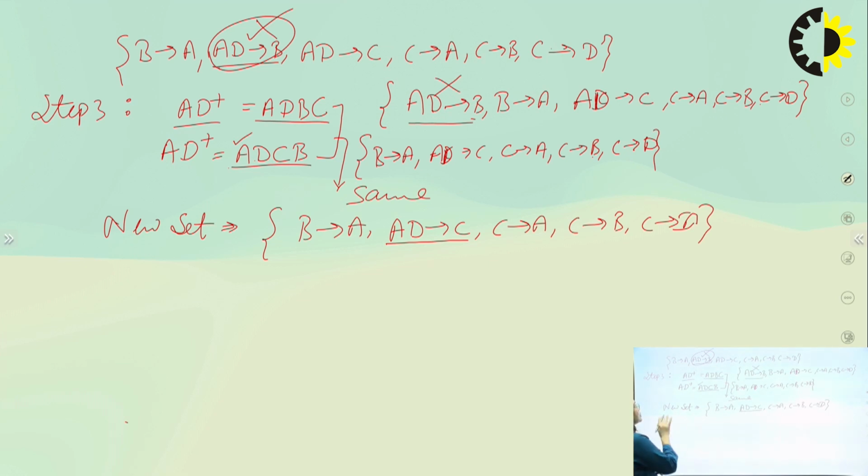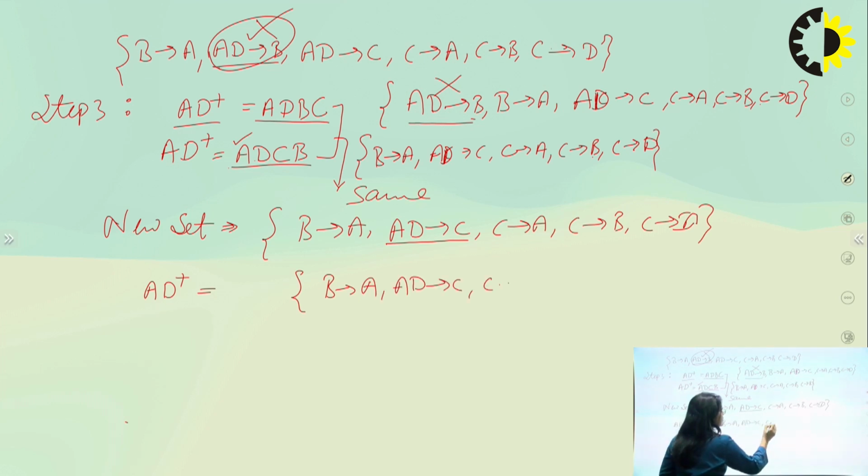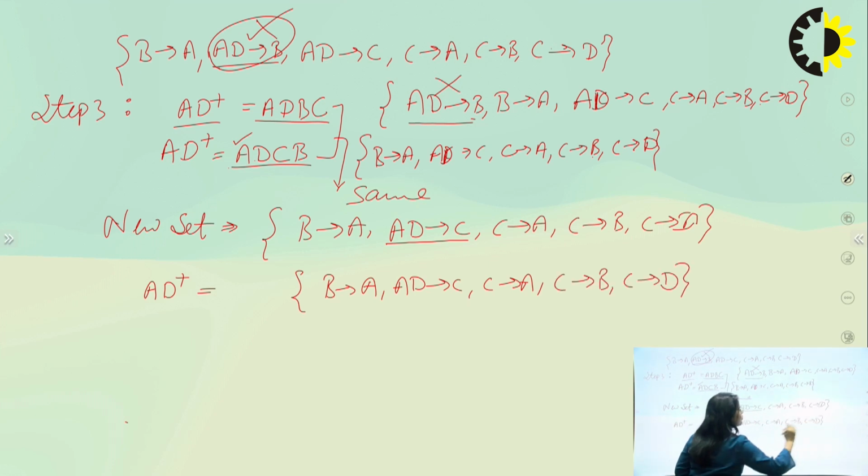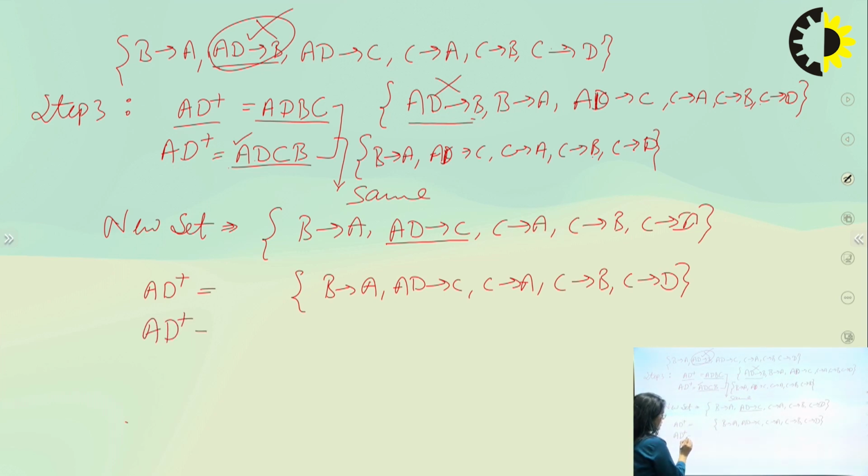Okay, so in this step only, we will check AD plus with all the functional dependency set. So this one, right? And then we will calculate the attribute closure of AD without having this.